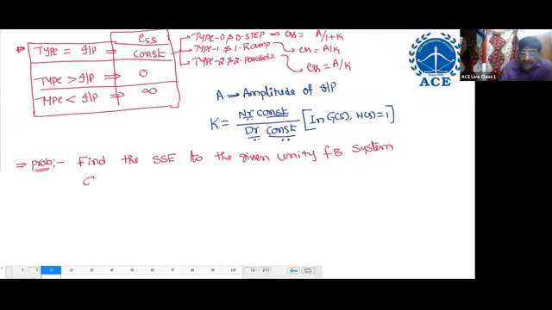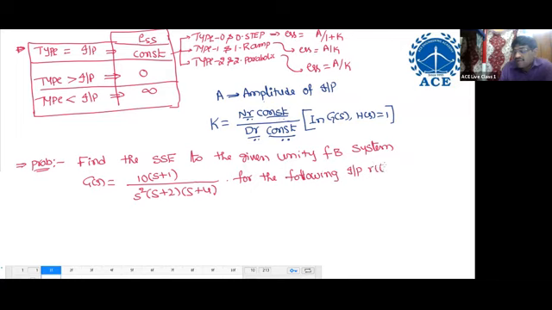G of S equal to 10 into S plus 1 by S square into S plus 2 into S plus 4, for the following input: R of t equal to 10 plus 5t plus t square by 2.